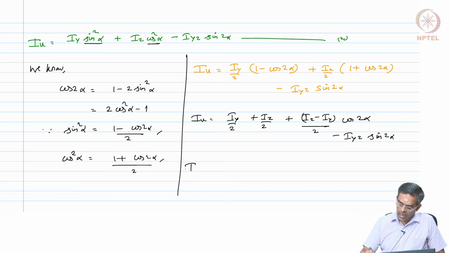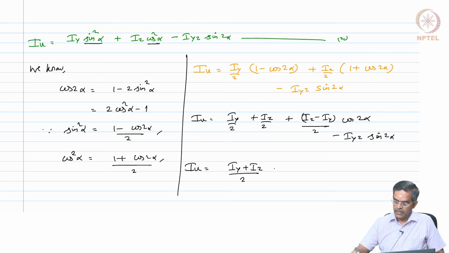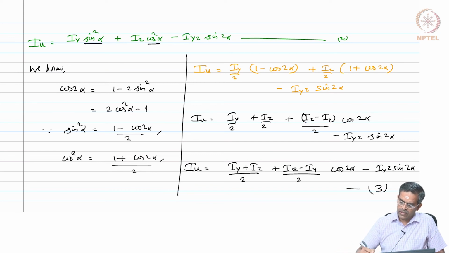So, can I now say Iu is (Iy plus Iz) by 2 plus (Iz minus Iy) by 2 cos 2 alpha minus Iyz sin 2 alpha, called equation number 3. So, let us take equation number 3 as one of the important reference derivations.